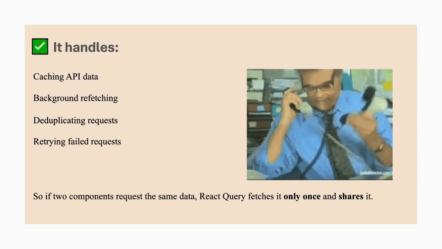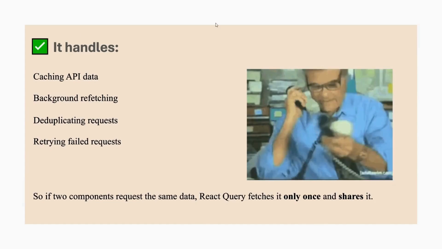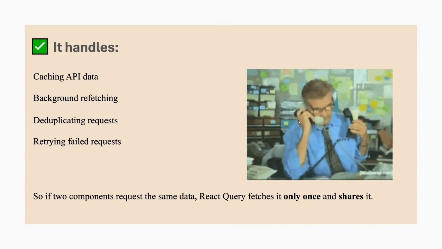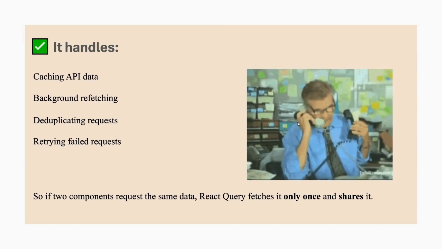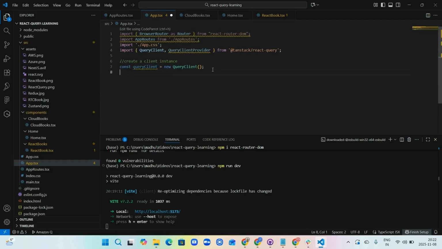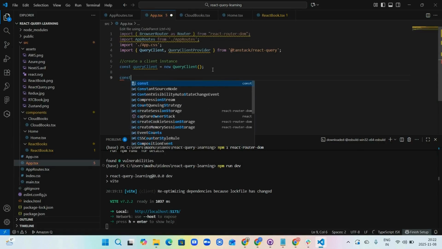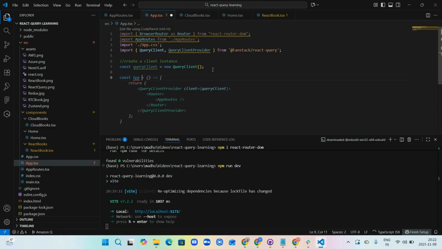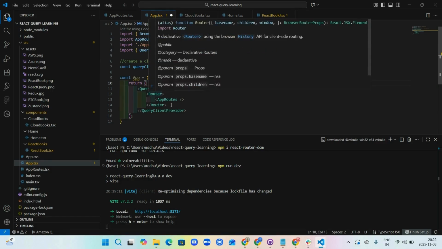So if two components request the same data, React Query fetches it only once and shares it. Continuing with the coding. And finally, the component const App. So if you see here, QueryClientProvider.